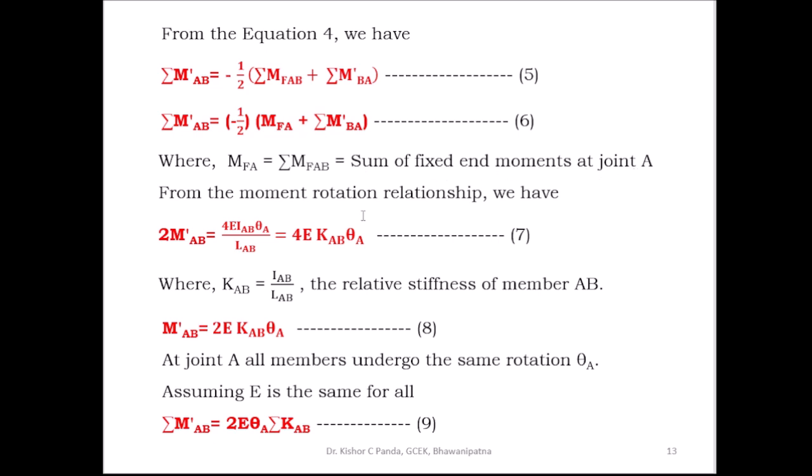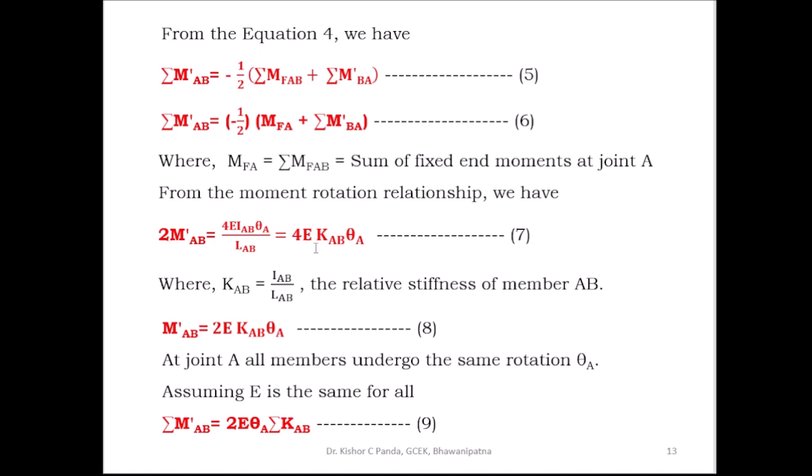And from the moment rotation relationship, you know 2M dash AB is equal to 4EIAB theta A by LAB. But IAB divided by LAB is equal to KB, the relative stiffness of the member. So instead of IAB by LAB, put KB.